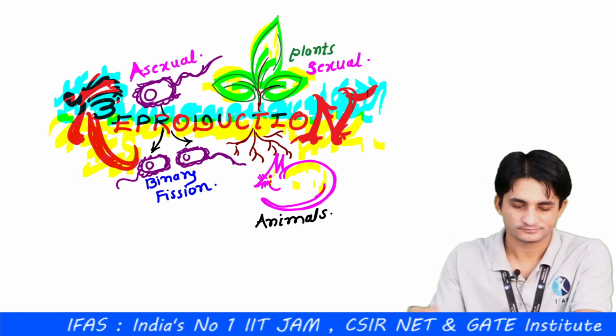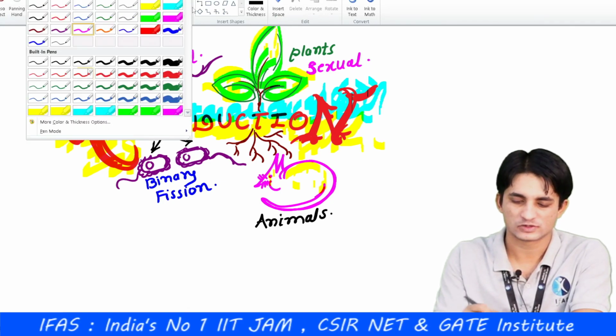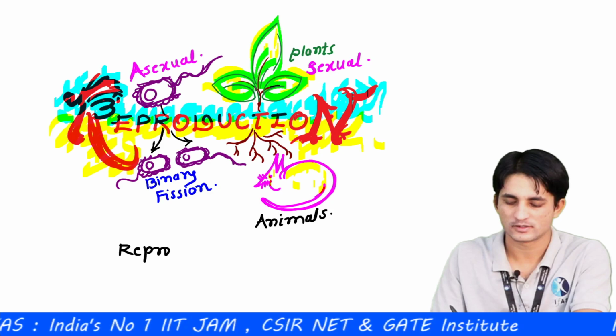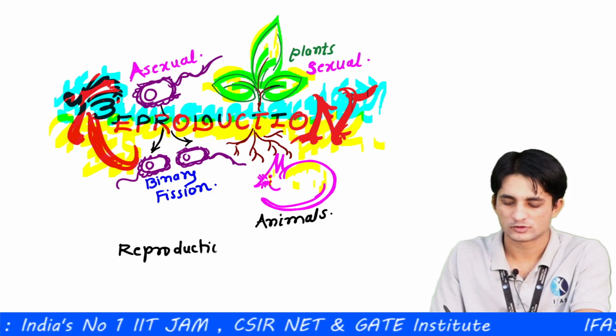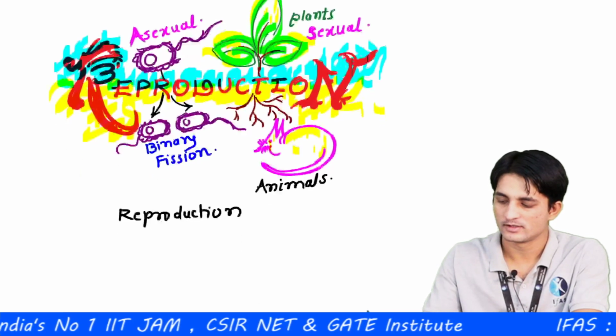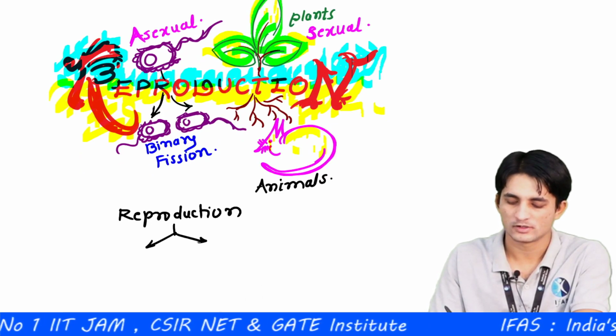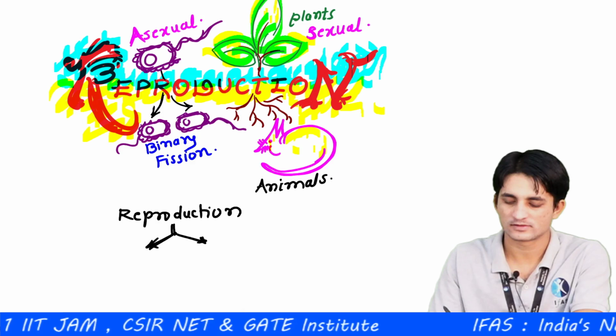Now, reproduction in the organism. Reproduction could be by two ways.